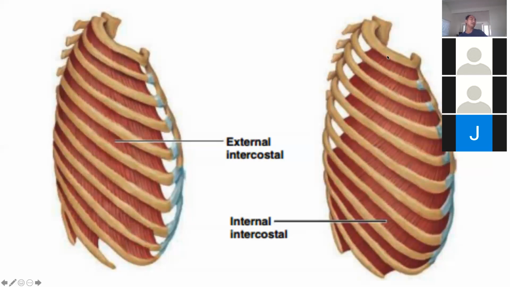The external intercostal muscle's direction is downwards and medially, like the way you put your hands in the front pockets of trousers. The internal intercostal goes in the opposite direction, downwards and laterally.